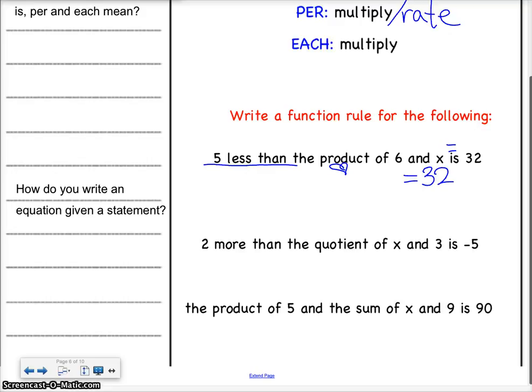That tells me when there's two vocab words, there's parentheses involved. Less than always goes second, so it should be minus 5. And now I have the product of 6 and x, 6 parentheses x, or just 6x. It doesn't matter. We use parentheses when the order of operations would give us something different, but here the order of operations would always make us multiply first.